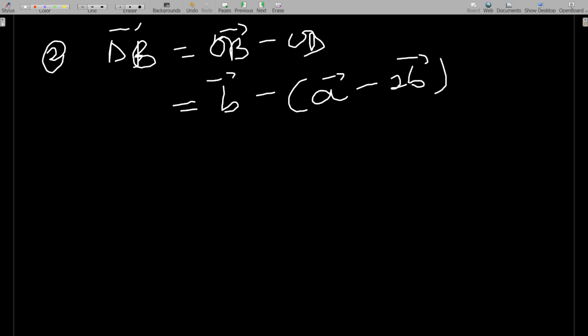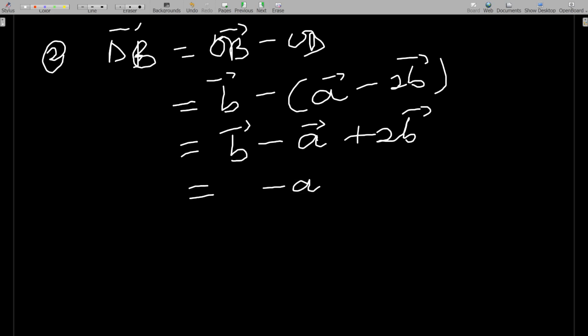That's the position vector for D. This will be equal to B minus A plus 2B, because the negative affects everything in the bracket. At the end, we'll have minus A plus 3B. I hope you understand what I'm doing here. It's very, very simple.